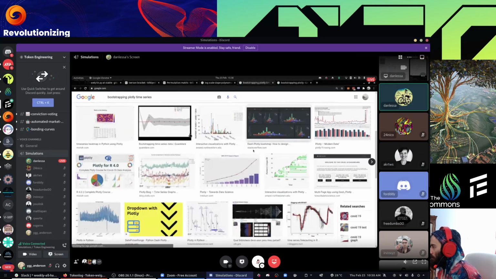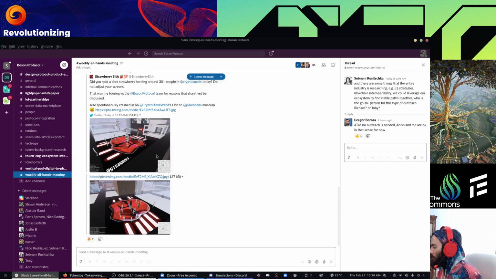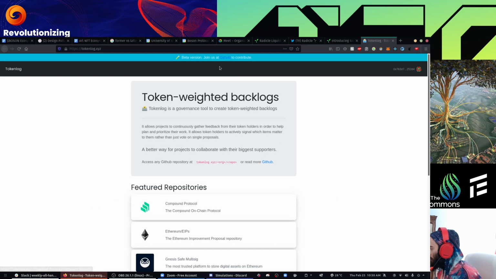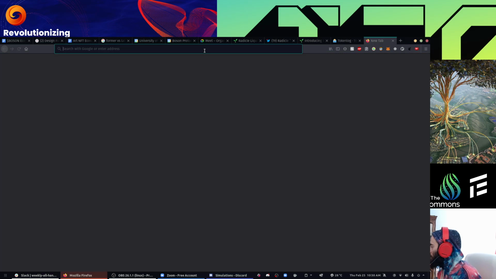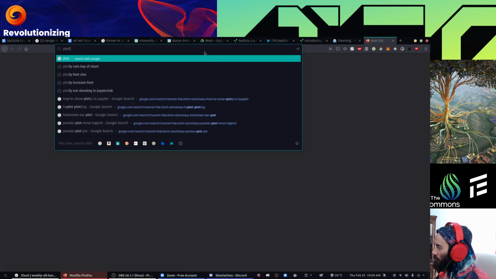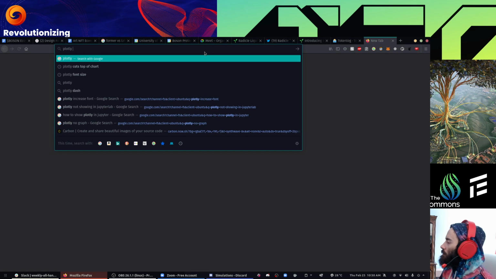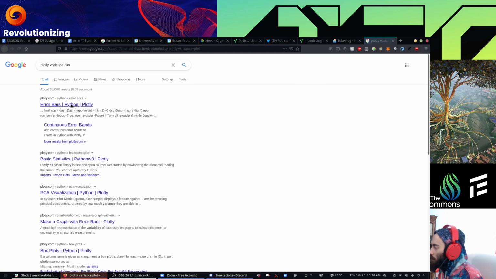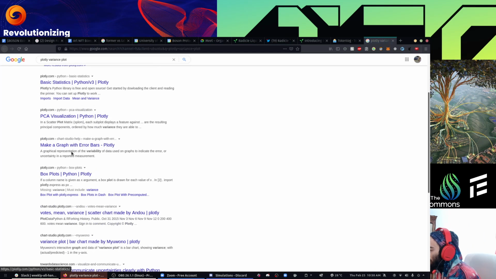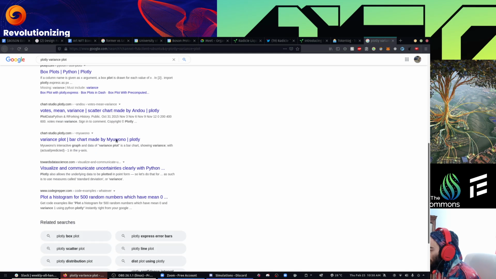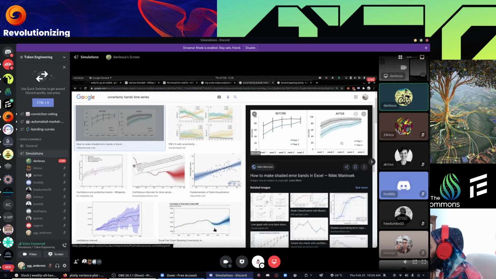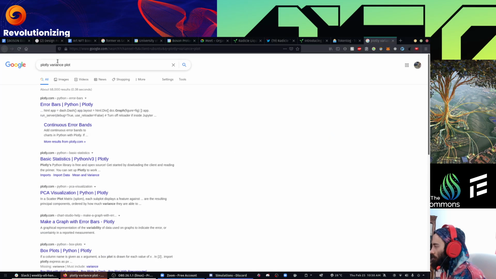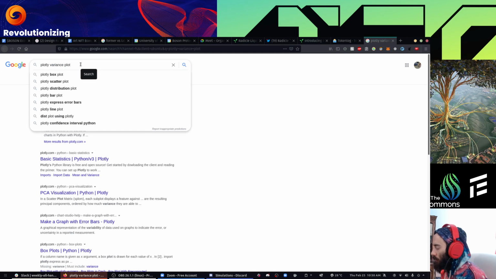Let me see if somebody has already done that. Yeah, it's not exactly quick. Actually, this is always a problem when I want to do a visualization in Python, because personally, I think it is super useful to have those uncertainty bands bootstrapped. Just to show what I mean. I always find it super useful to have those bands here where you can also have a measure of the variance.